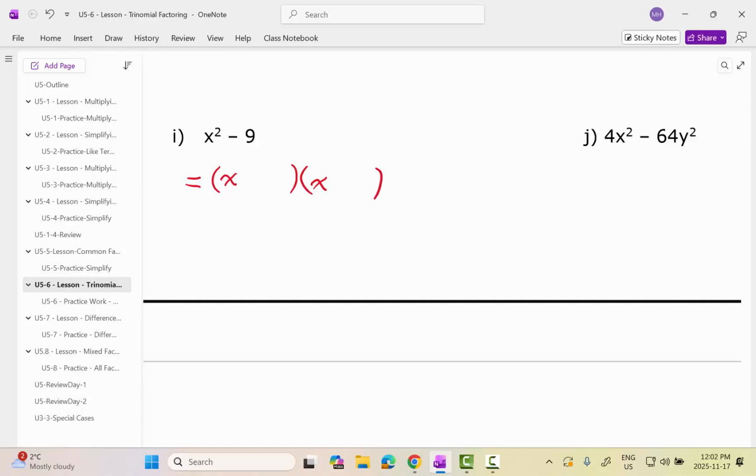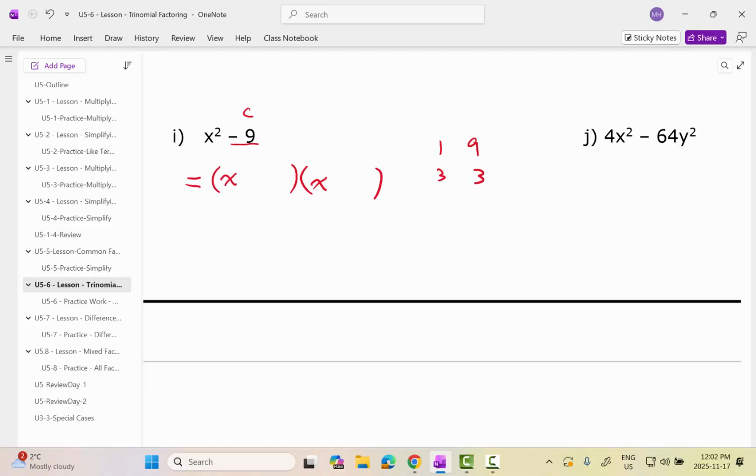The 2 numbers have to multiply to 9. Remember, this is C. So 1 times 9 and 3 times 3.